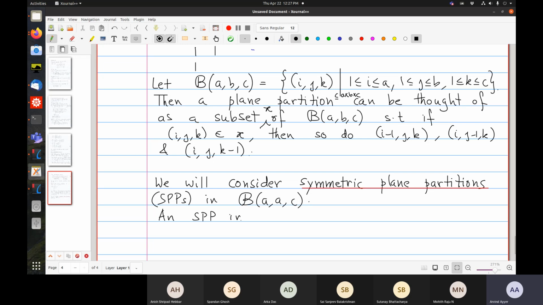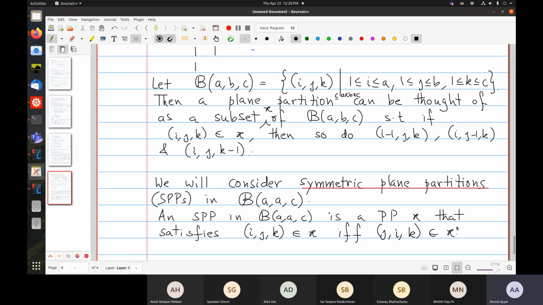Okay, so an SPP in BAAC is a plane partition pi that satisfies this extra condition that ijk is in pi if and only if jik is.